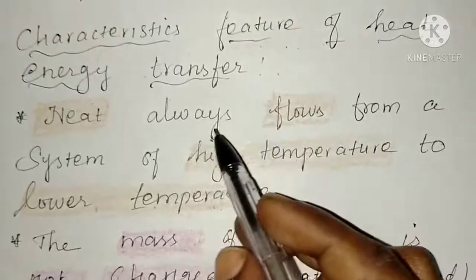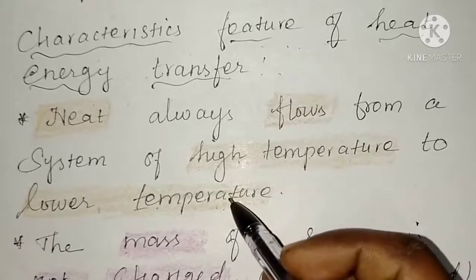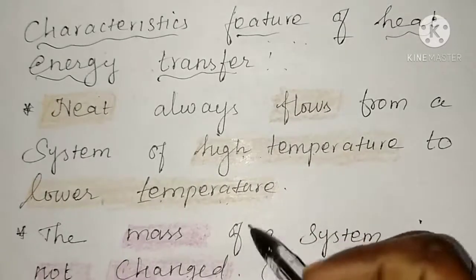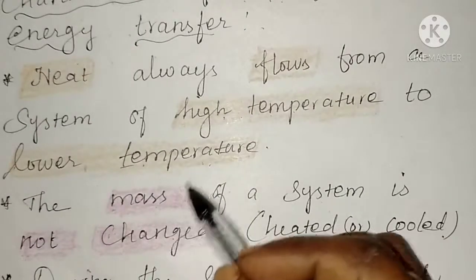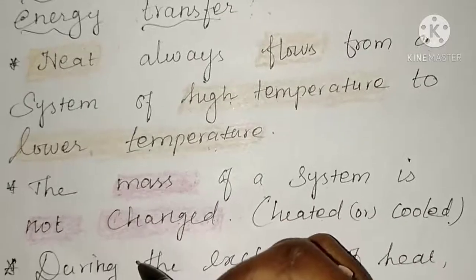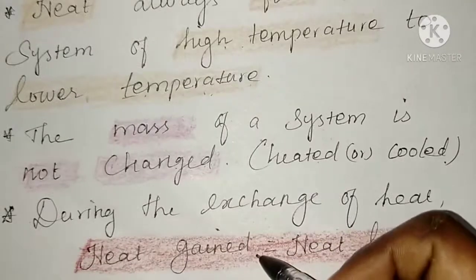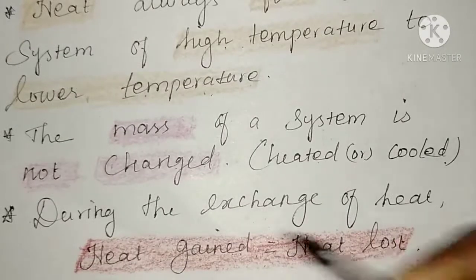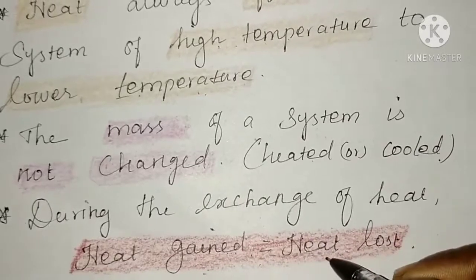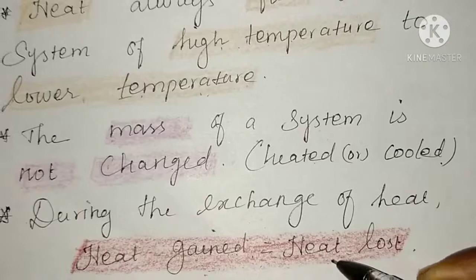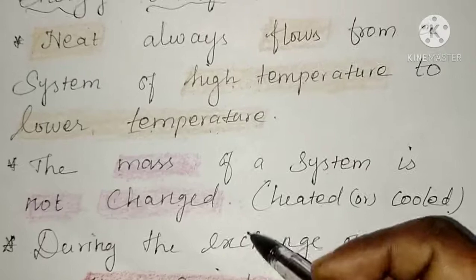Heat always flows from the high temperature to the low temperature object; during heating or cooling, the mass of the substance does not change; and the amount of heat gained by the cold body is equal to the heat lost by the hot body.